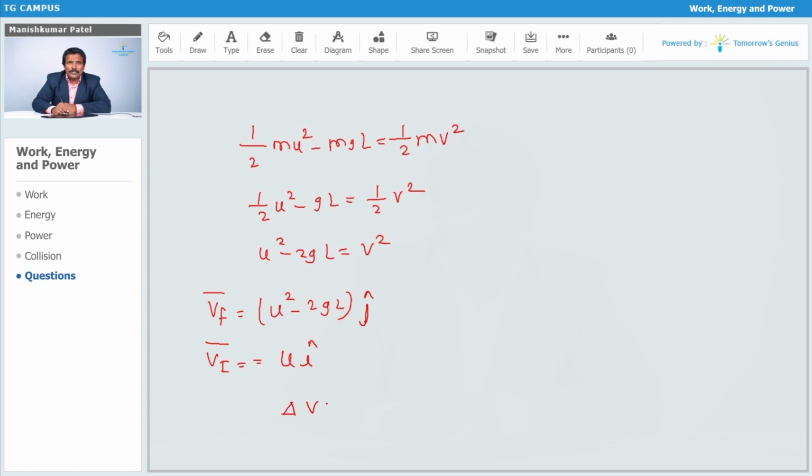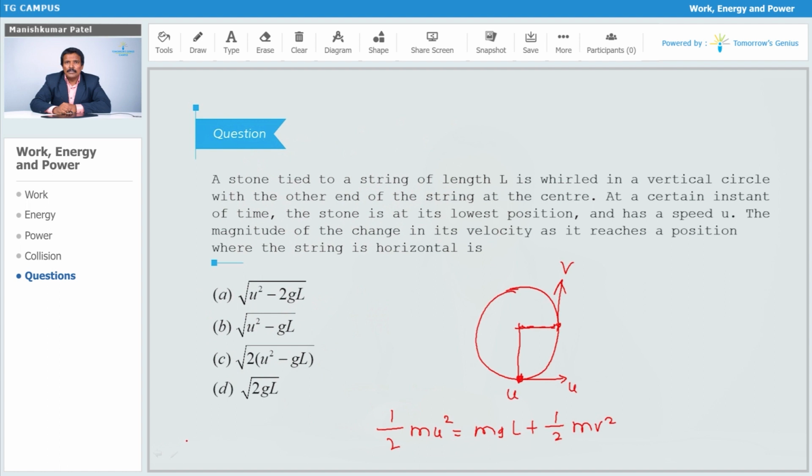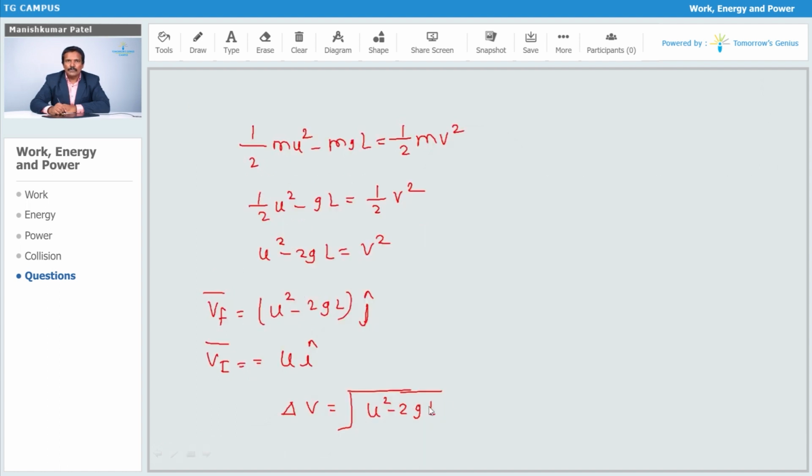So for the change in the magnitude of velocity, if we do the calculation, we get the change in velocity magnitude as u square minus 2gl plus u square.